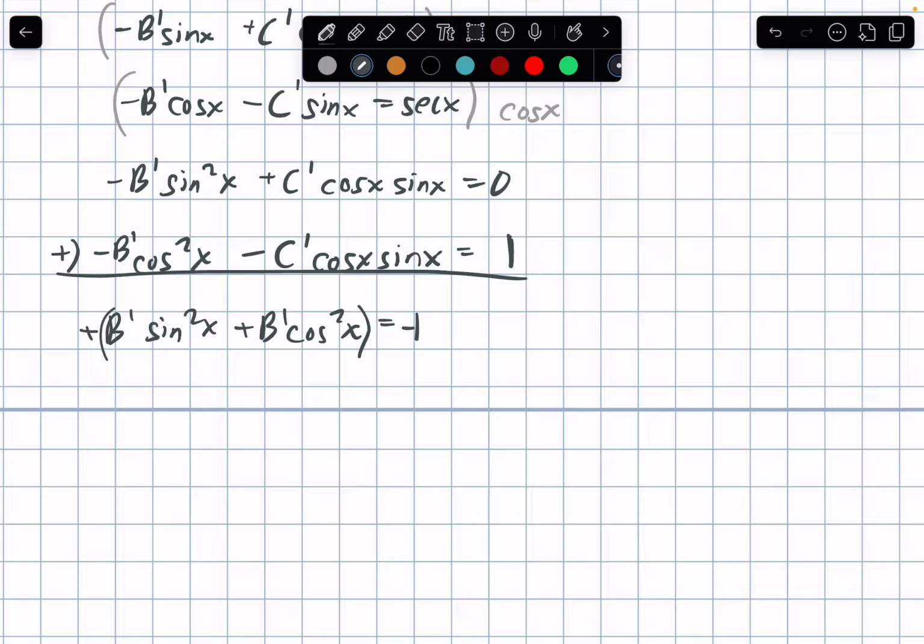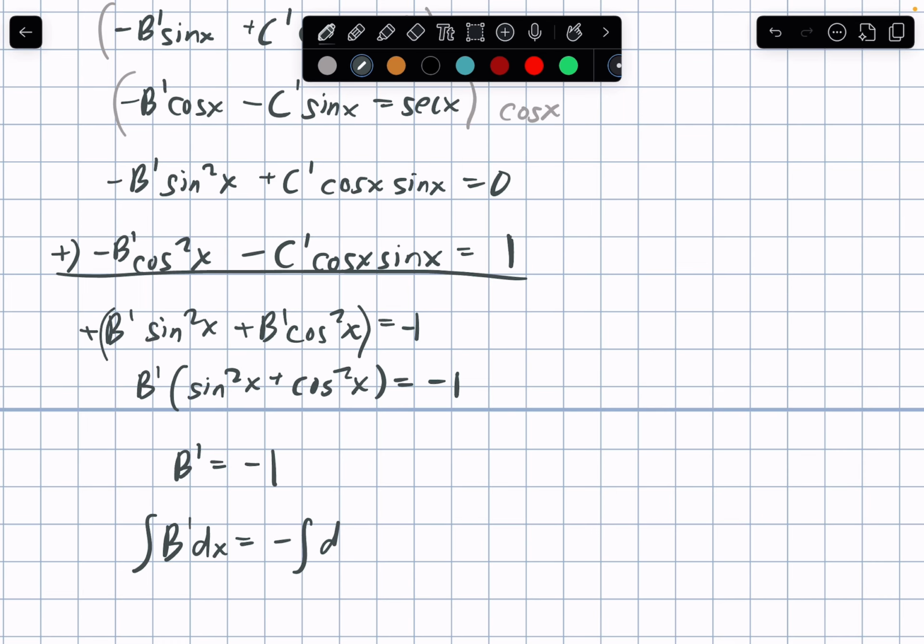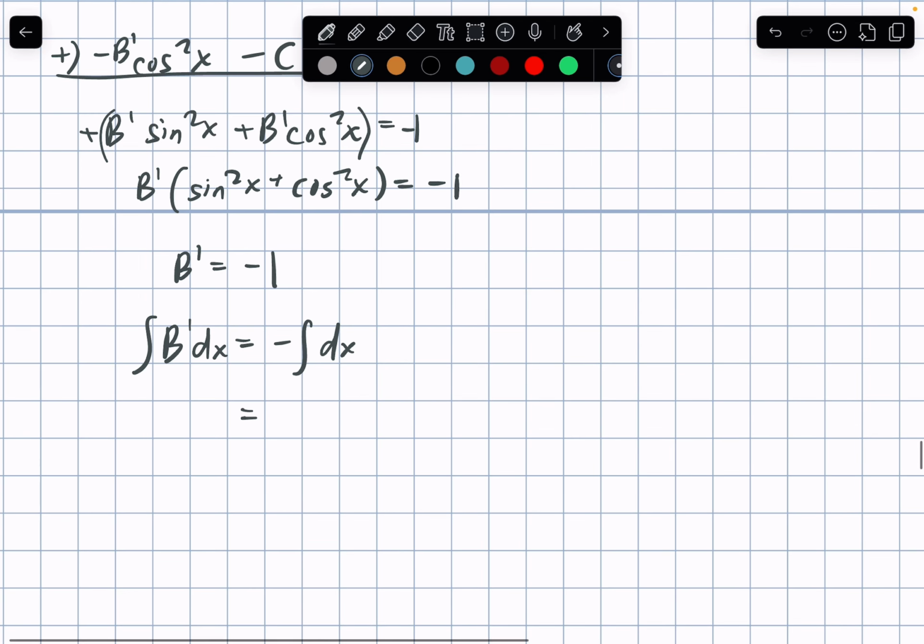This becomes plus, this becomes minus. B prime is sine squared x plus cosine squared x. That's basically just 1. So b prime is negative 1. And then you integrate. The integral of b prime is equal to negative x, no?